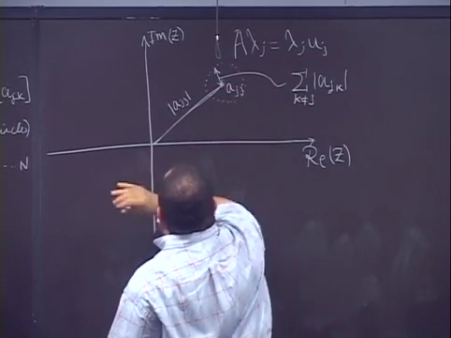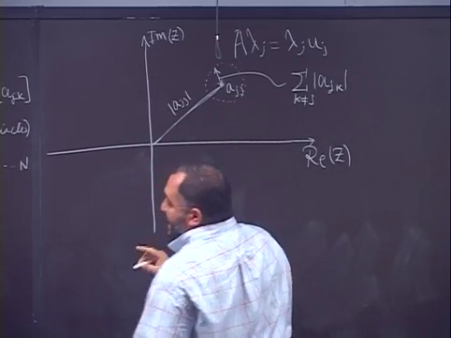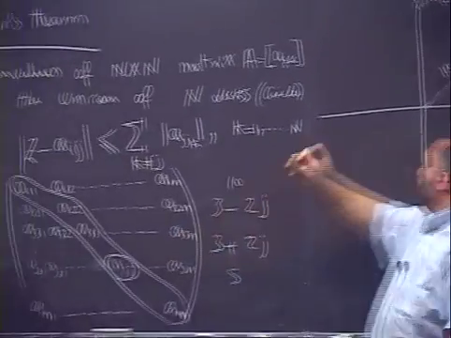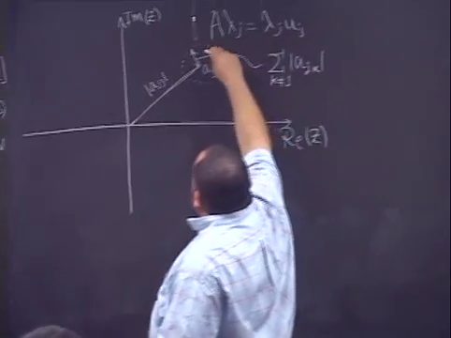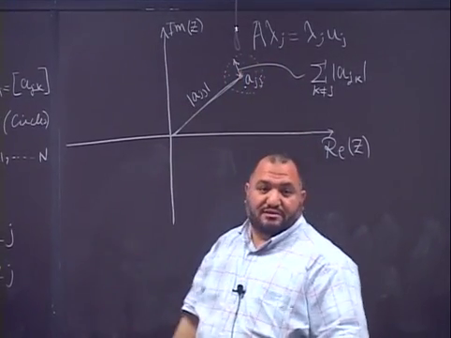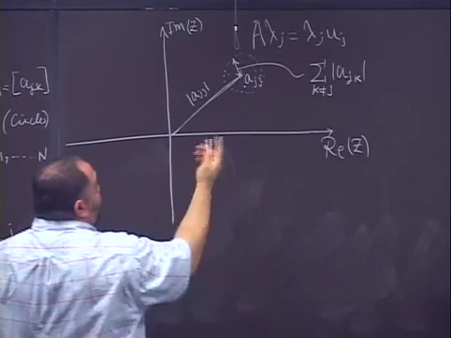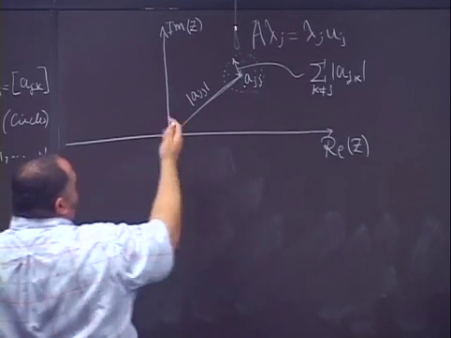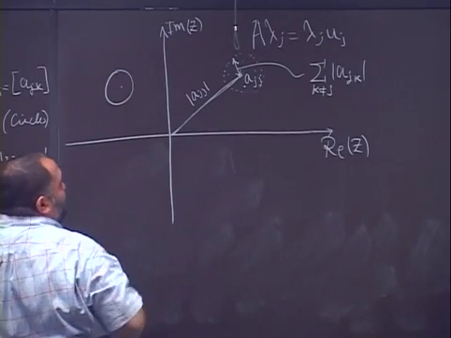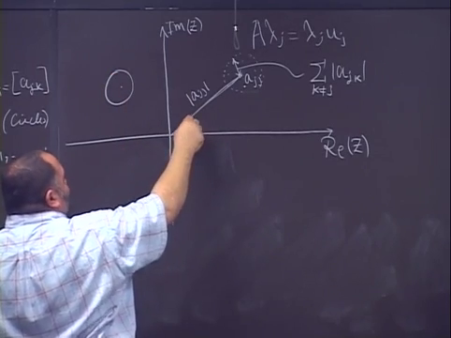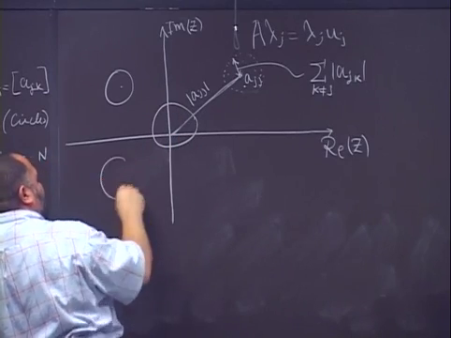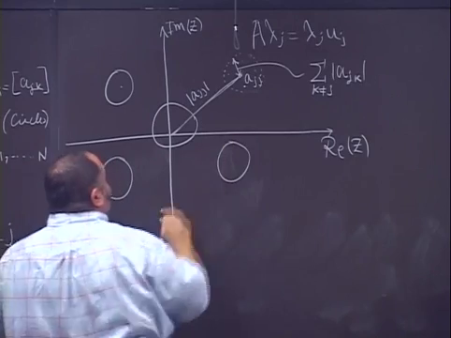So this theorem states that the lambda j, which corresponds to the jth eigenvector uj, should be somewhere inside this disk. So if we pick up another row, let's call it Aii, for example, maybe I will have another disk here. If I pick up another row, another disk here, another disk here, and so on.